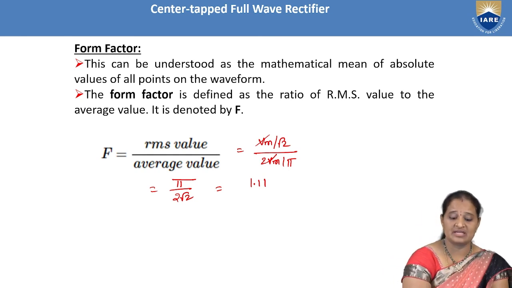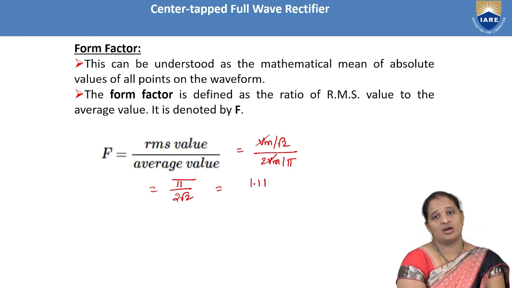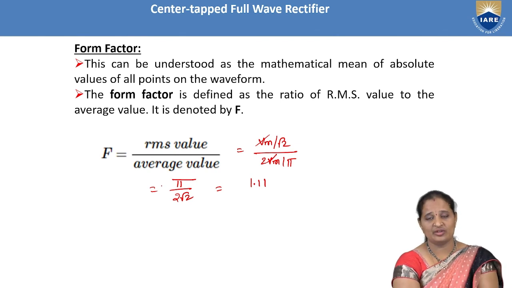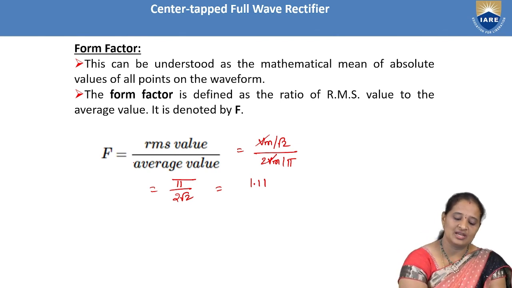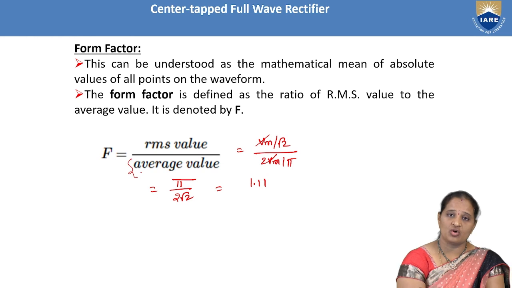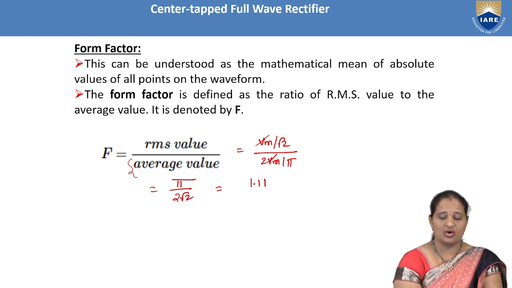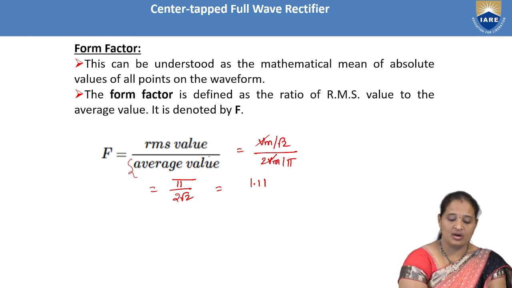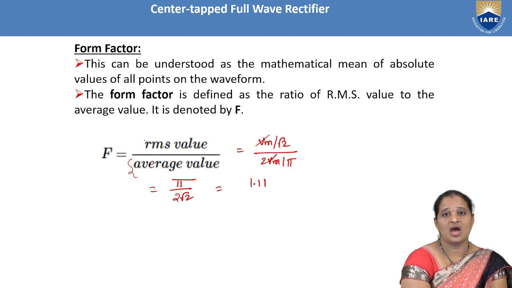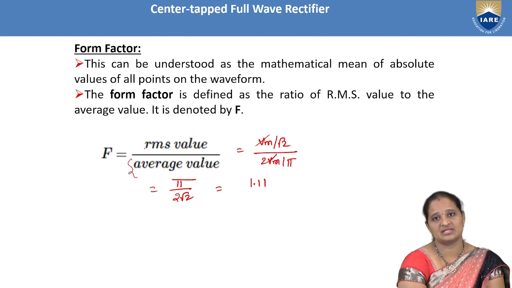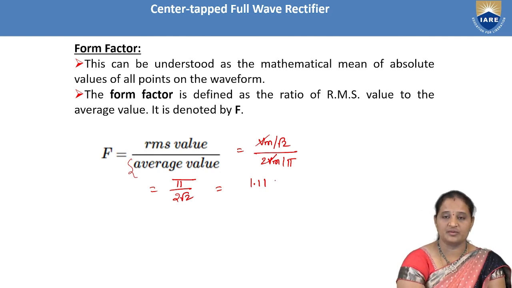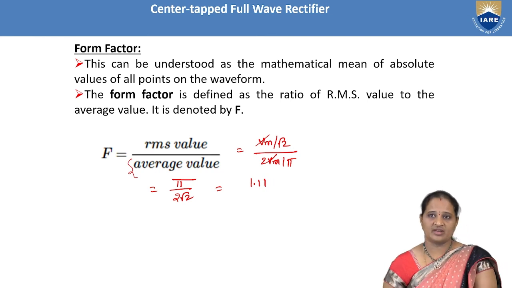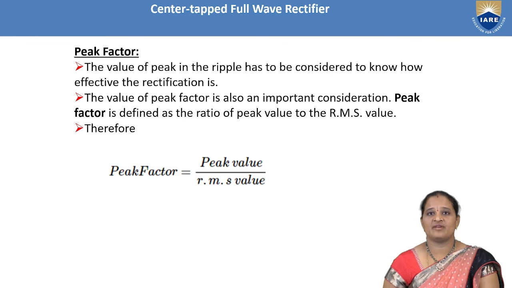A larger form factor represents more RMS value in the numerator, which means that in the output of the rectifier we have more AC components present. So it is reduced when compared to the half wave rectifier. That means the form factor is less when compared to the half wave rectifier.